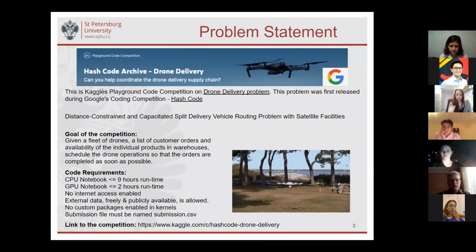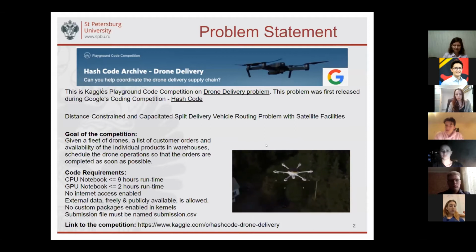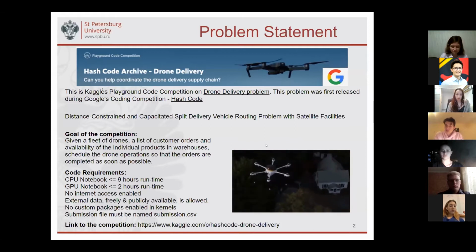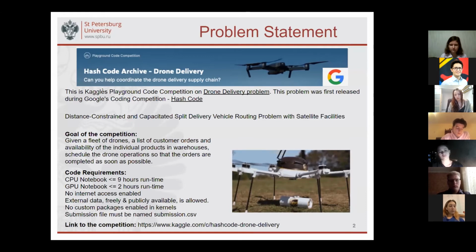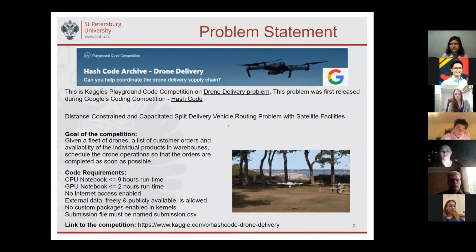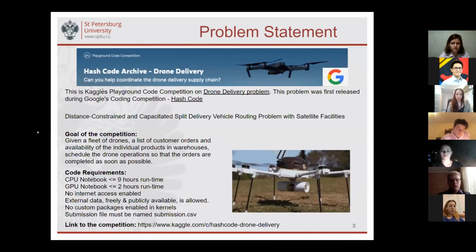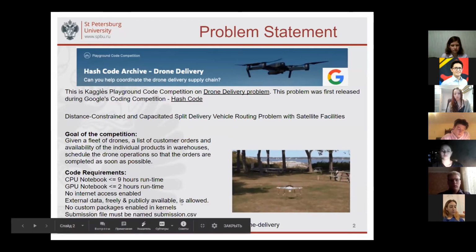Initially, this problem started during Google's coding competition Hash Code. We define this problem as a distance-constrained and capacity-constrained split delivery vehicle routing problem with satellite facilities. You can also see the goal of the competition and code requirements, and at the bottom, there is a link to the competition.